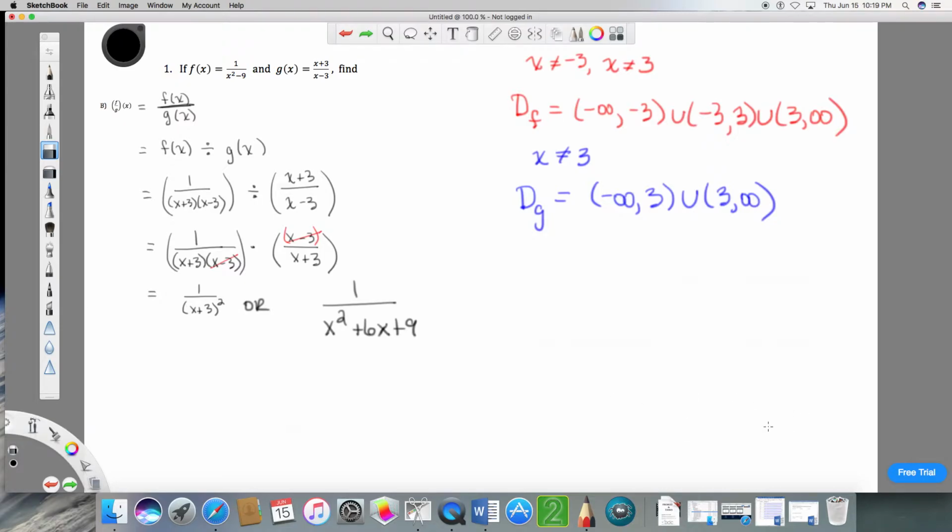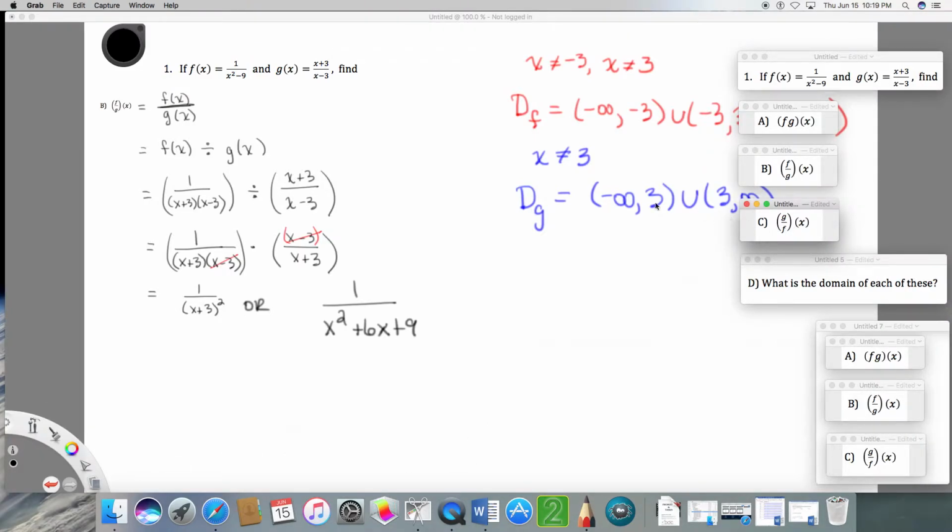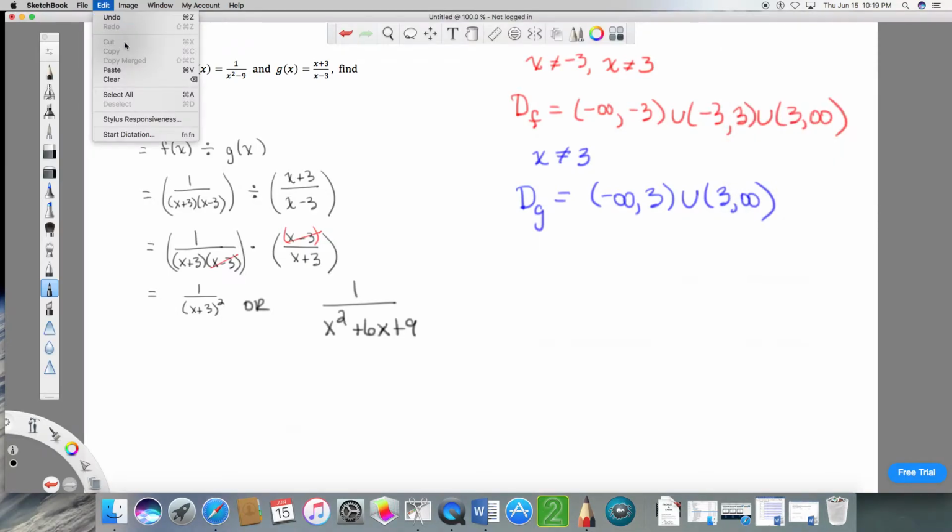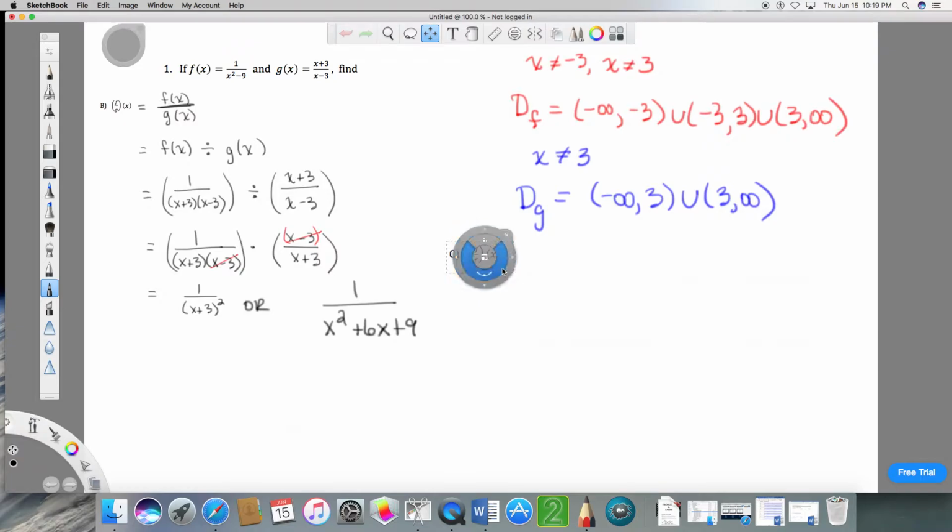I'm going to erase this part of it anyway. If you ask me to find the equation for this new function, I would divide g divided by f.